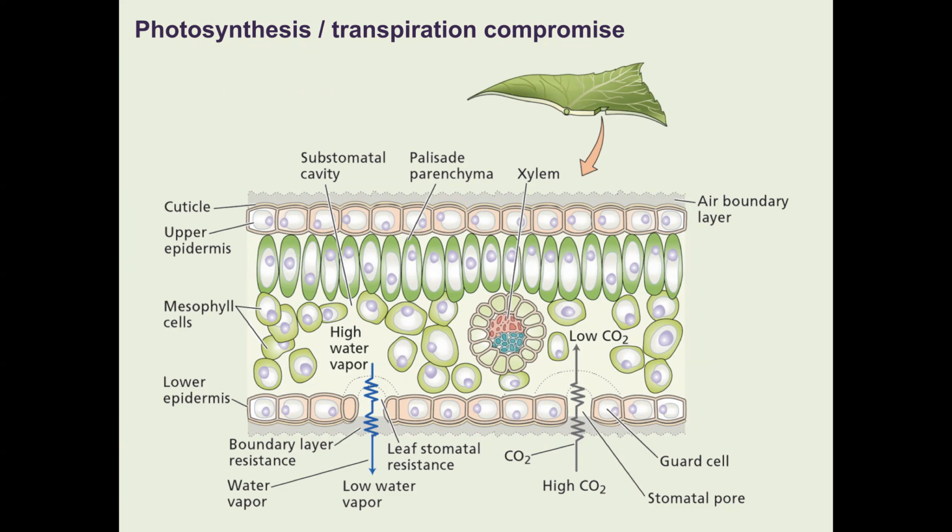So as the video showed, under conditions when it's hot and dry, this is when the plant is at more risk of this left-hand process happening, where the water in the leaf will leave the leaf, and that's a cost, that's a risk the plant might be undertaking.